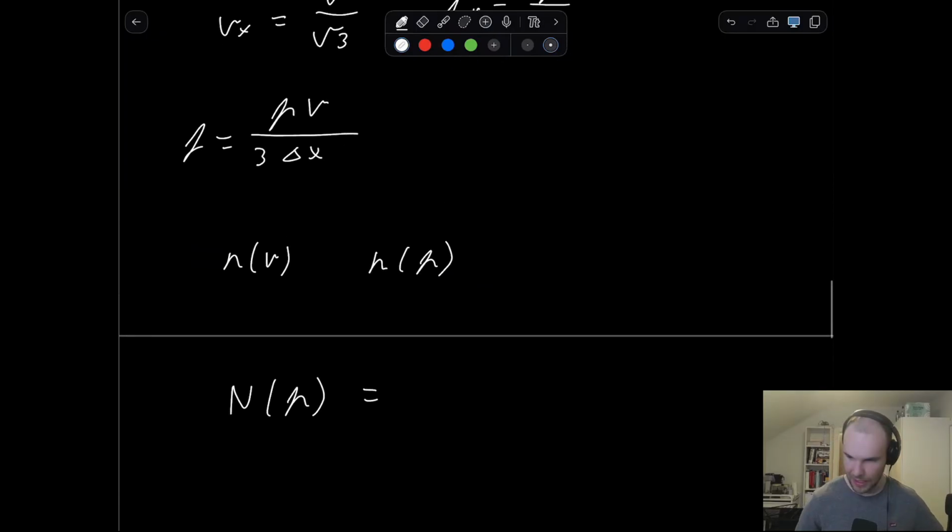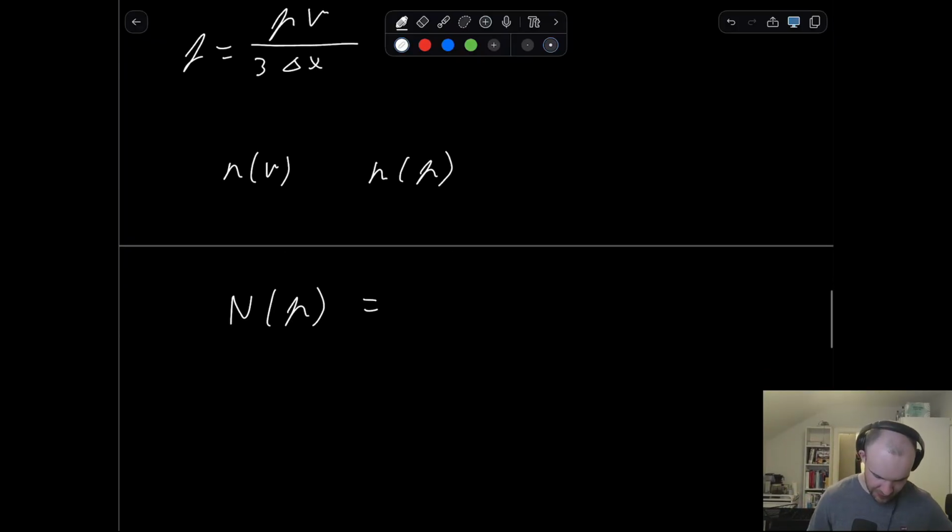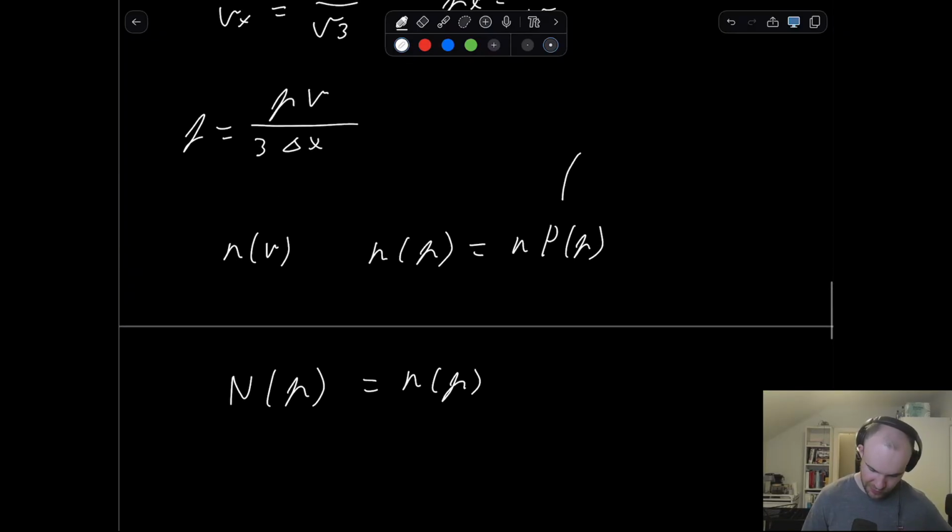How can I write the total number of particles? With momentum, that means area times, of course. So this is the total number of particles. Now I can write this by using that n of p, right? And remember, n of p is similar to v. N of p is actually the same as the probability function of p, and that represents the probability that a particle has a momentum between p and p plus dp, right?